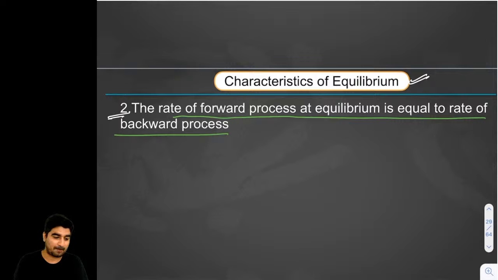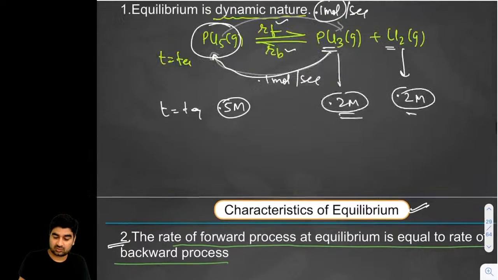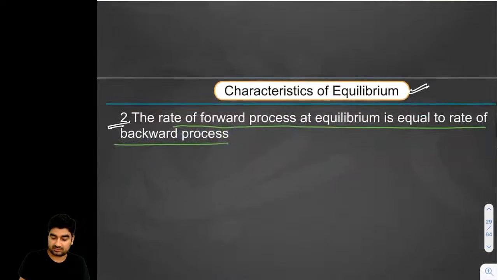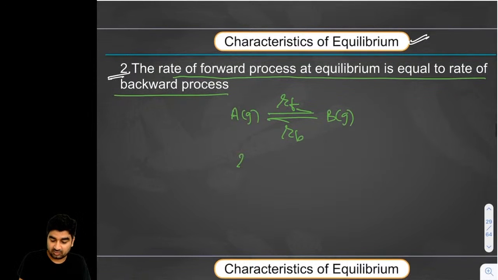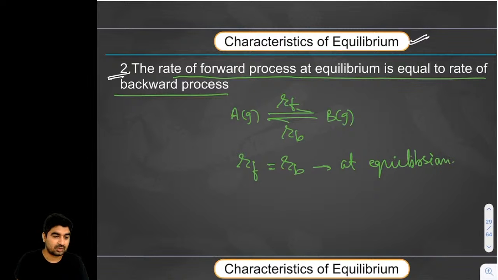Note it down. This is rate of forward, this is rate of backward. So they have become equal at equilibrium. Okay guys, just note it down.